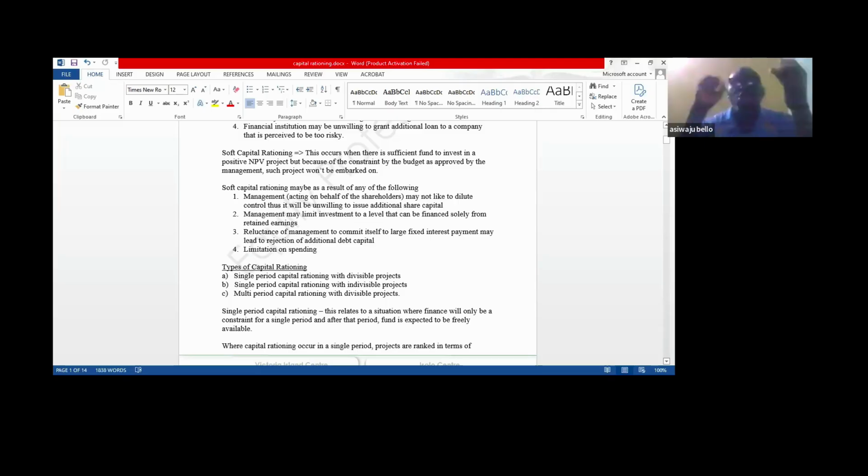We don't want to borrow more money. We don't want to issue new shares. Any project, our finance is limited to retained earnings. That has created soft capital rationing. That means you are not willing to borrow. You are not willing to issue more shares.